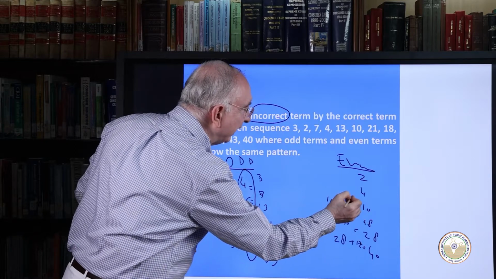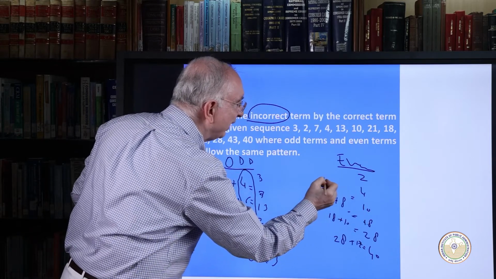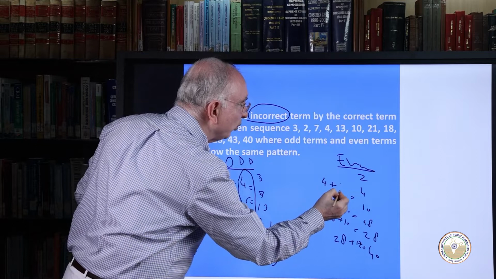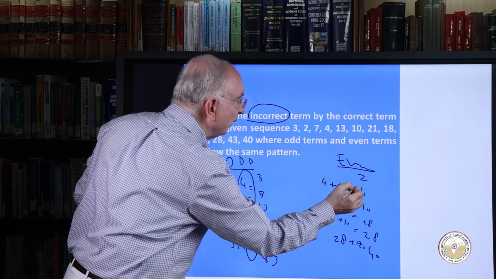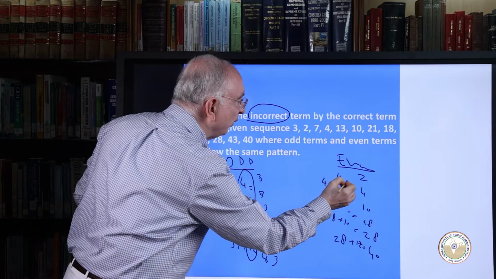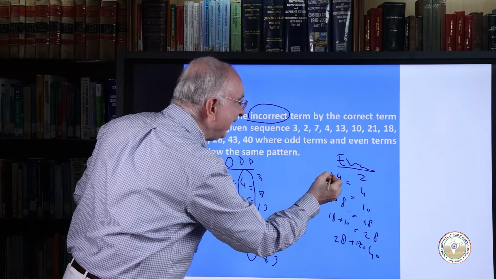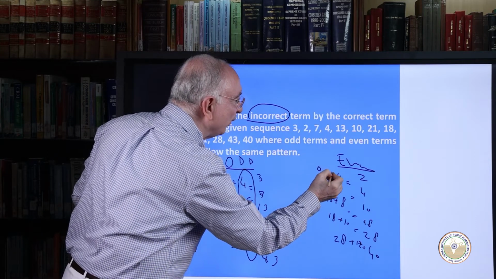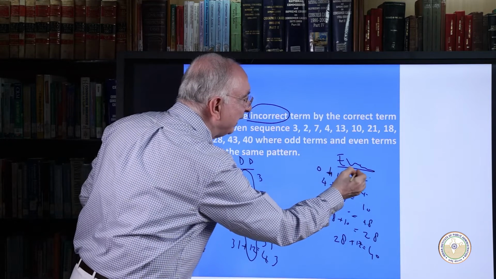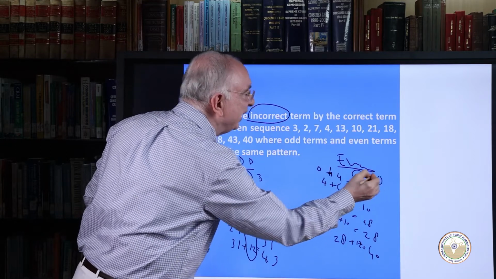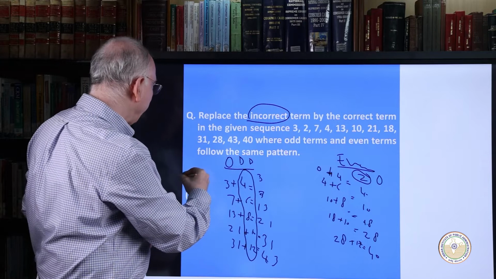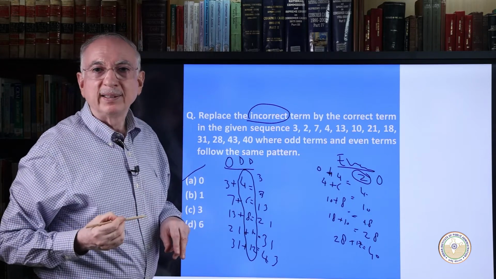And for 10, how do we get it? The previous number is 4, so we add 6 to get 10. And in 4, what number do we have to add? 4. That means only if in 0 we add 4. Therefore the previous number has to be 0 instead of 2. So option A is the right answer. Next question.